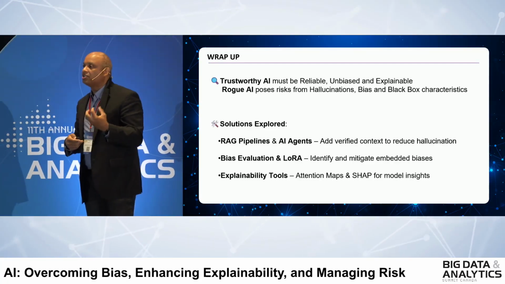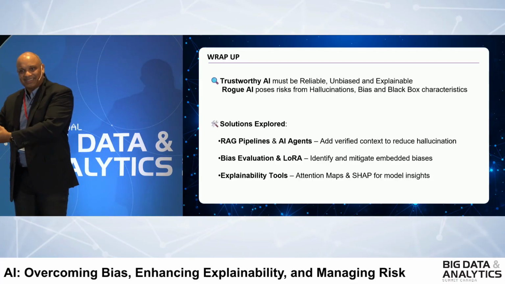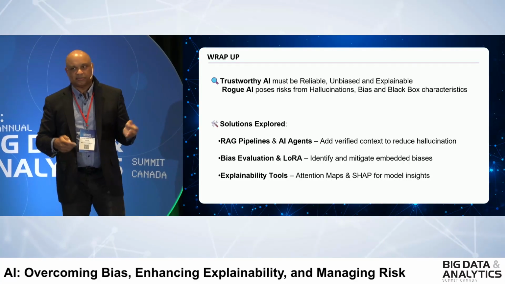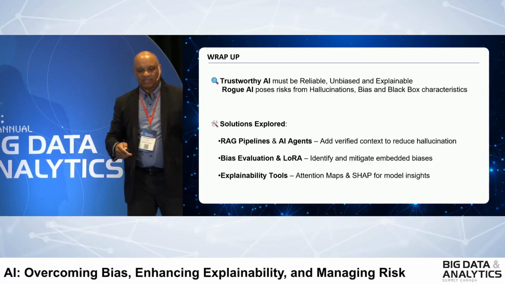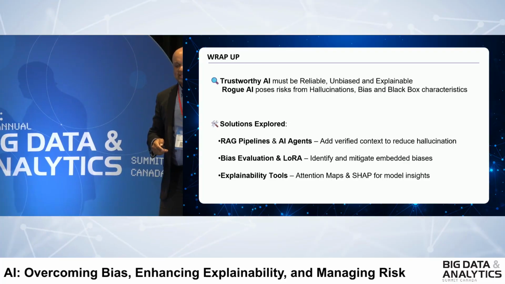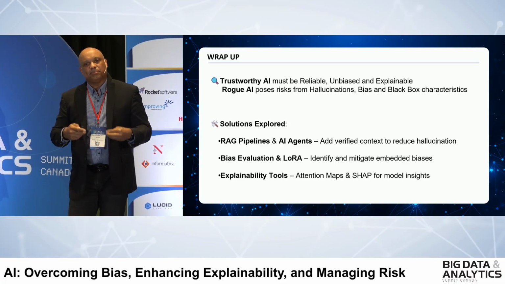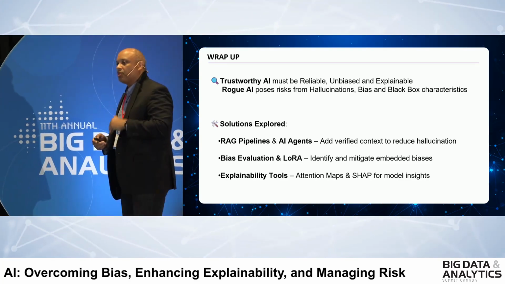That's a good thing because you're moving from a non-deterministic to a more deterministic outcome. The second thing is bias evaluation and LoRA. If you remember one thing today, remember LoRA. It's easy, just a name, right? Low rank adaptation. So bias evaluation and LoRA identify and mitigate those embedded biases, and then we use the explainability tools to peer behind the curtain to understand what's going on.